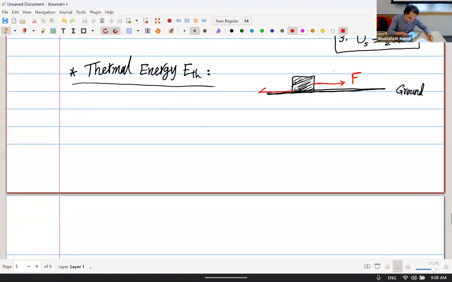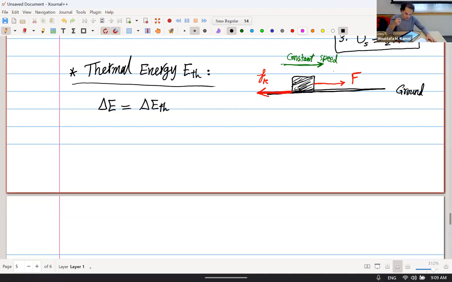So friction is acting to the other side, Fk, and assume that the object is moving at a constant speed. Again, the reason I'm using constant speed is because I don't want any change in kinetic energy, because I want to focus only on thermal energy. It's on the ground, so there's no change in gravitational potential energy. There are no springs around, so the only change in the total energy is coming from the change in the thermal energy.